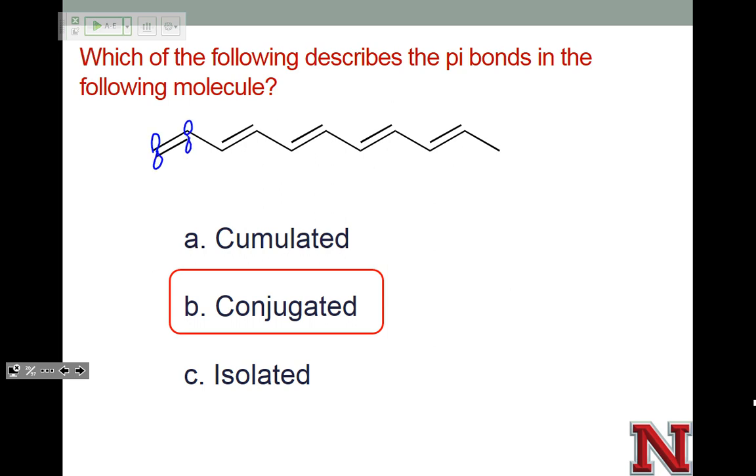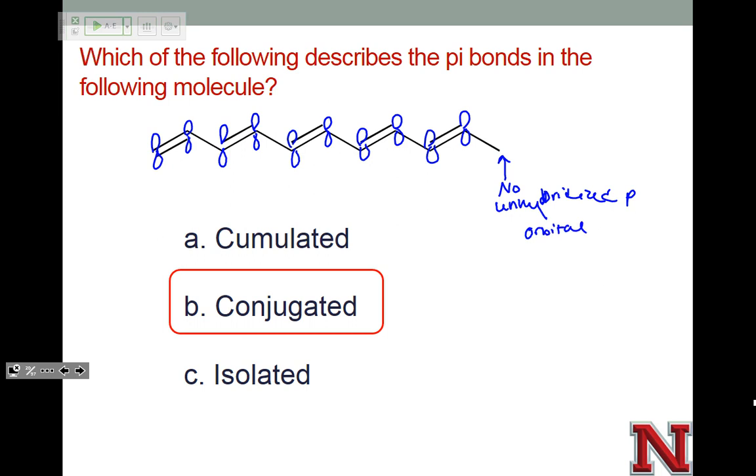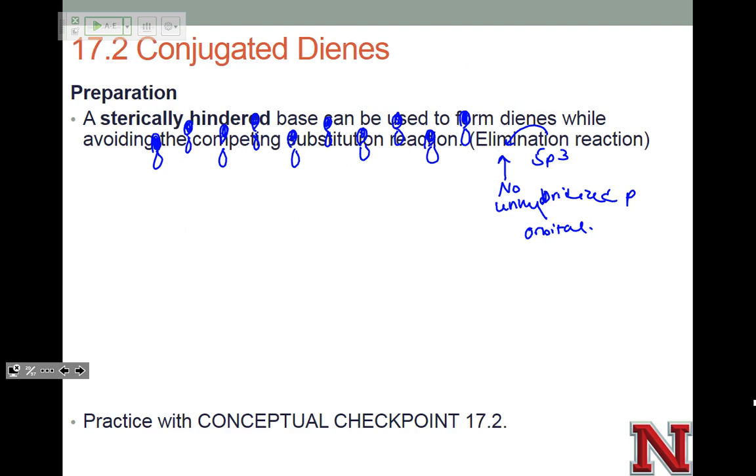Remember, we cannot have a pi bond without an unhybridized p orbital. That carbon doesn't have an unhybridized p orbital because it is sp3, but all of our other carbons in this system are sp2. So we have 10 pi electrons and we have 10 unhybridized p orbitals in conjugation. And that's going to be important for what we're going to be talking about in the next couple of slides.